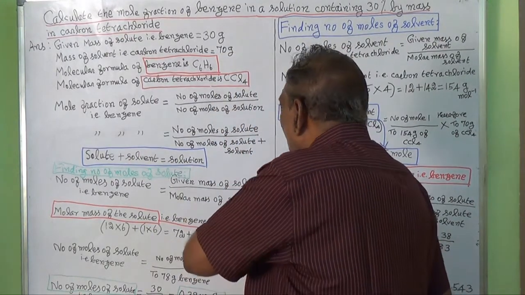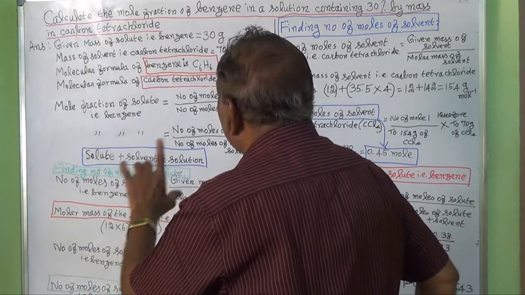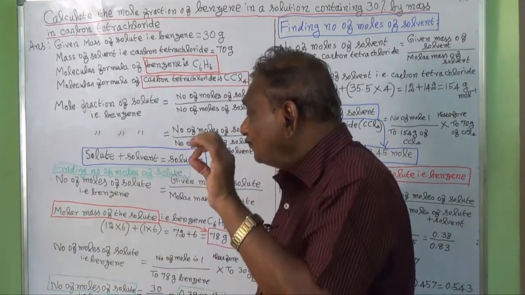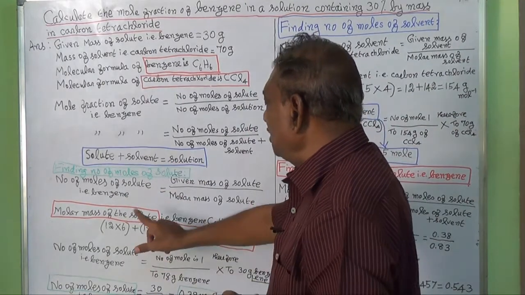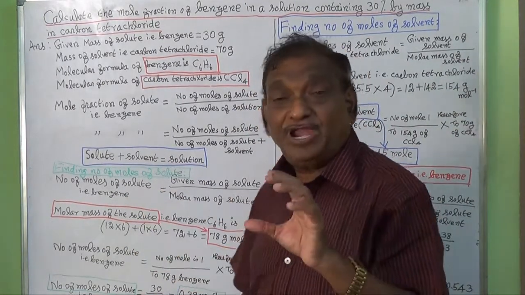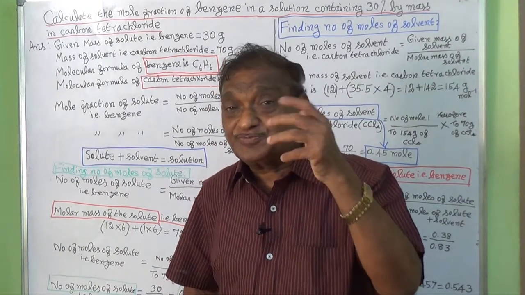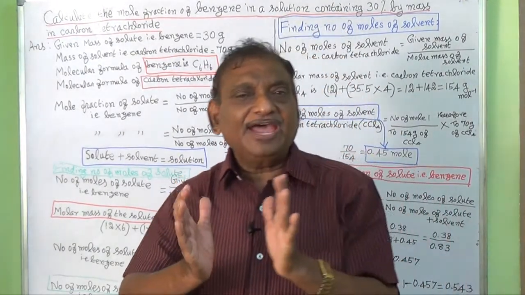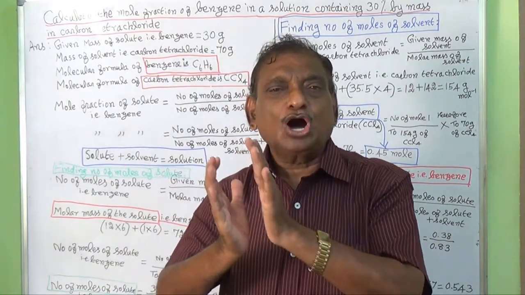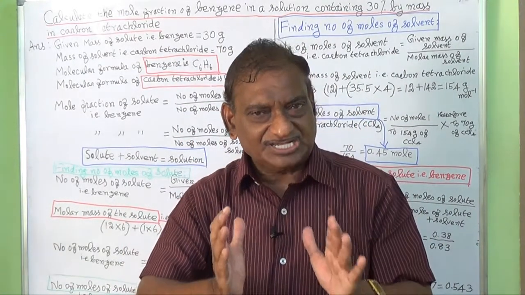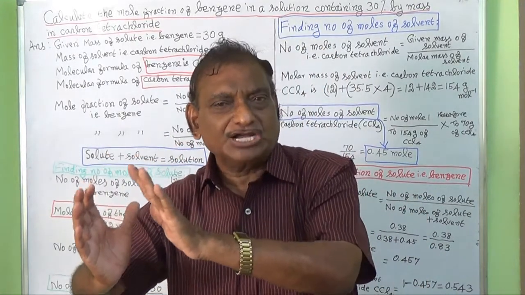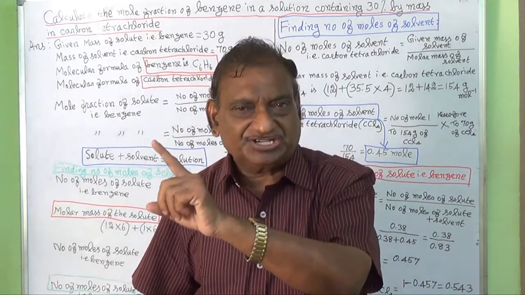But the molar mass of the solute is not supplied in the sum. So we should find the molar mass of the solute. How can we find the molar mass of a substance? It is very simple. If we add the atomic mass of all elements contained in a molecule, we will get the molar mass, that is molecular weight.